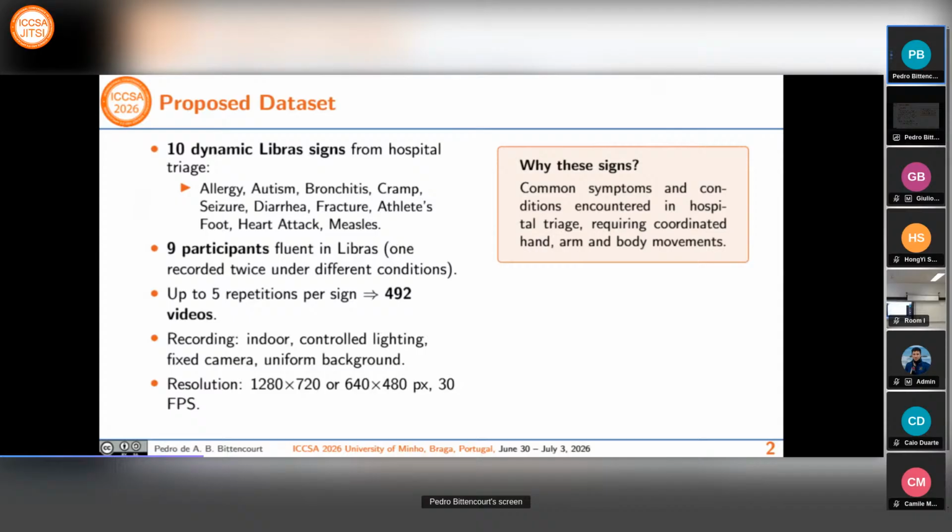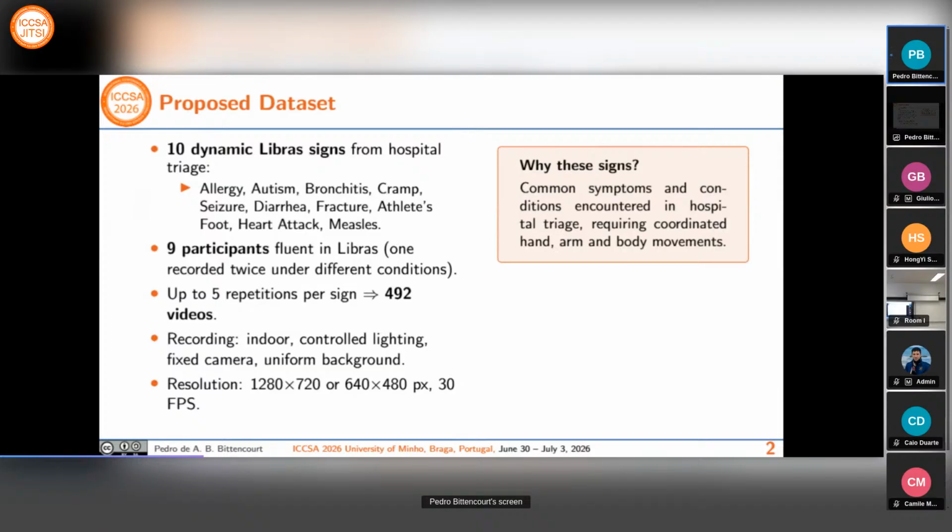The selected signs represent common symptoms and medical conditions encountered in triage settings. They are allergy, autism, bronchitis, cramp, seizure, diarrhea, fracture, athlete's foot, heart attack, and measles. These are all dynamic signs involving coordinated movements of hands, arms, and body posture.